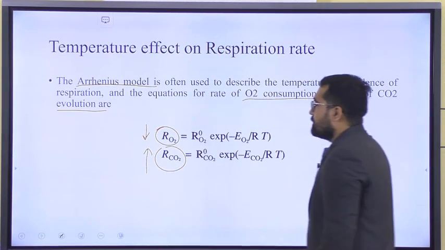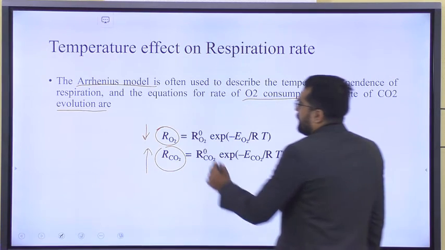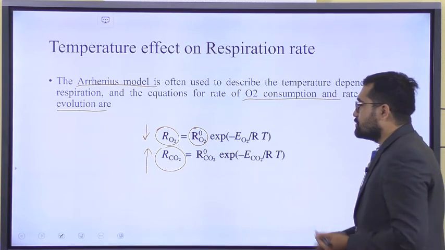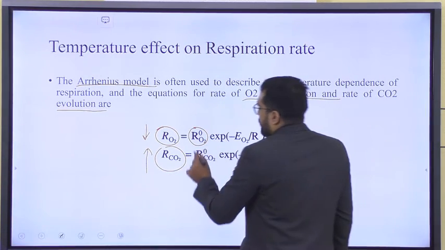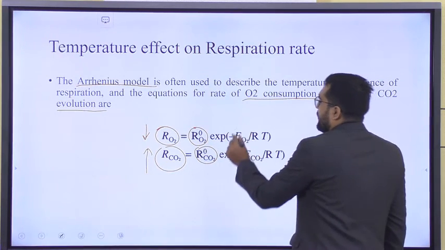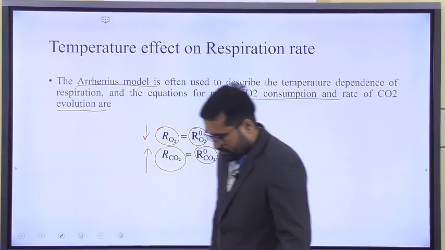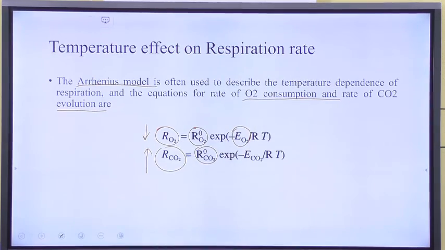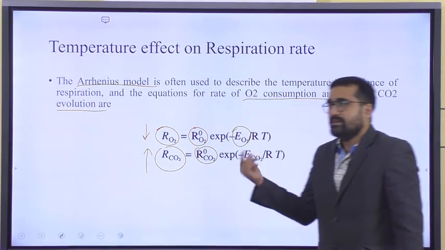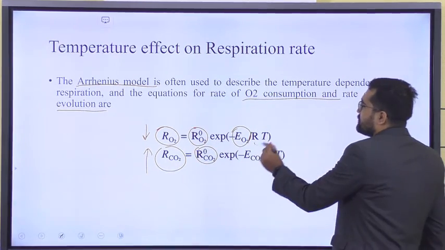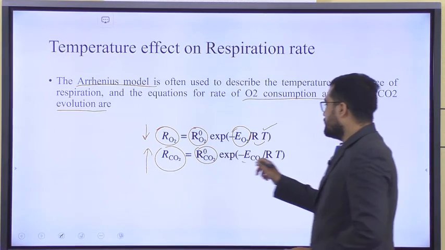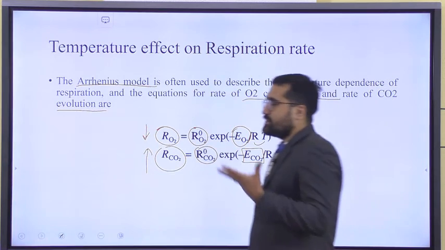So this we will find out, where R naught O2 will be the initial rate of O2 consumption, R naught CO2 is the initial rate of CO2 evolution, and E is the activation energy for the respiration rate, the minimum amount of energy needed for that. R is the universal gas constant, T is the temperature. Similarly here, E is the activation energy for the respiration of the product.